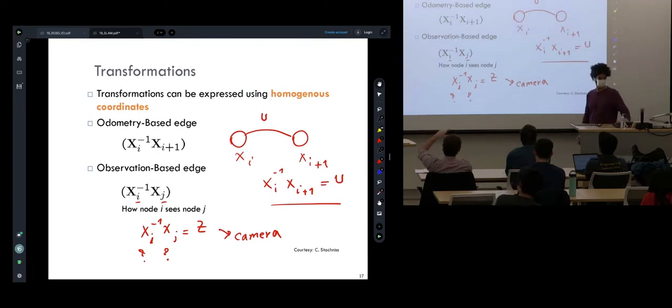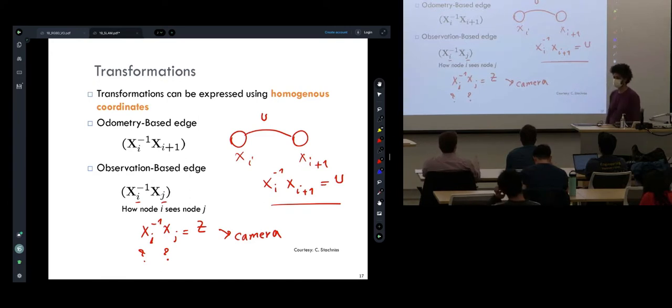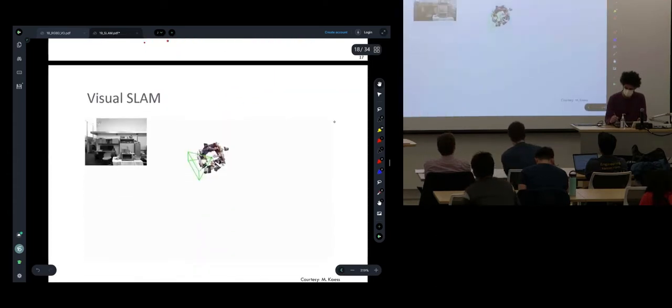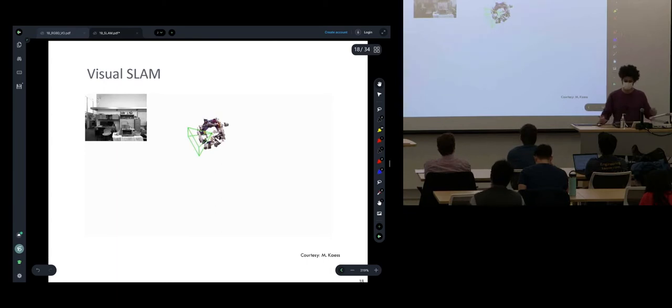When you don't get any observation edges, you have n-1 edges. Does graph SLAM devolve to the same performance as another SLAM solution? When you don't get any loop closure, is it theoretically the same as a Kalman filter or something else? That's a good question. I'm going to use this slide because we have plenty of white space.